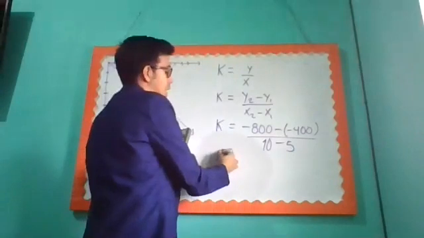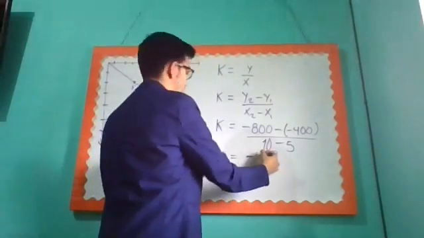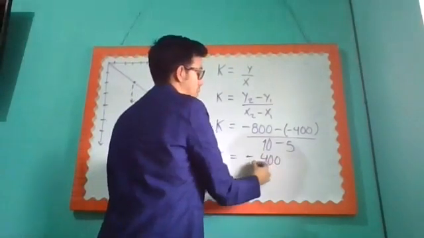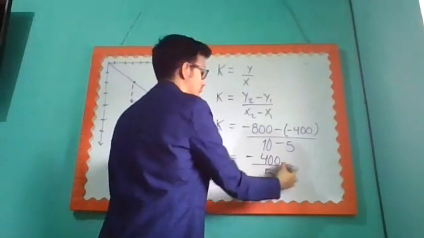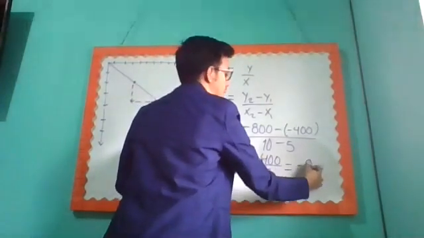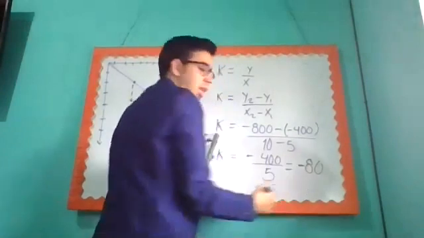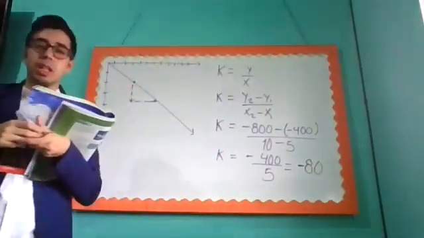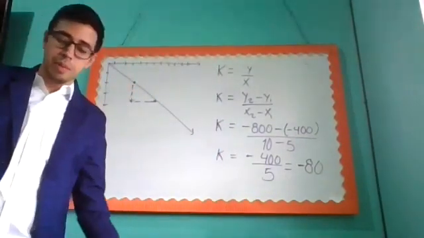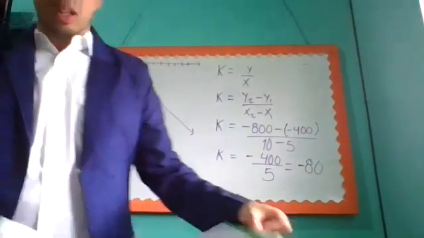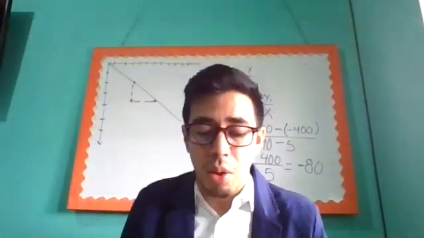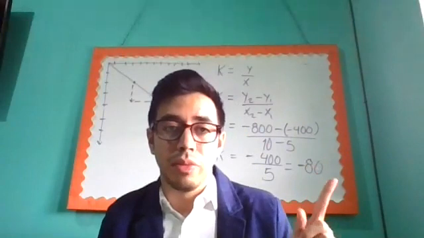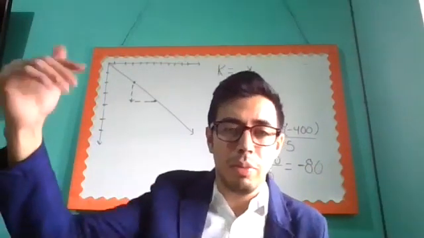So K is equal to negative 400 over 5, equal to negative 80. This is the same. We only take 2 points from the graph. And now we know that the slope of the line is negative 80. This is the slope of the line.